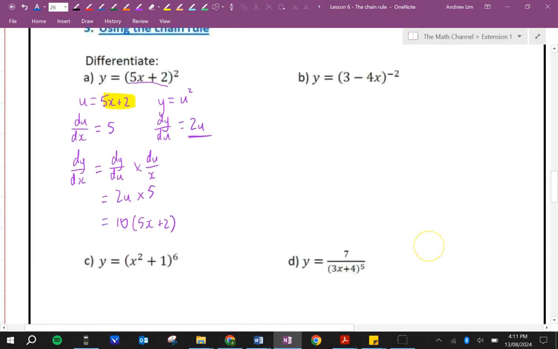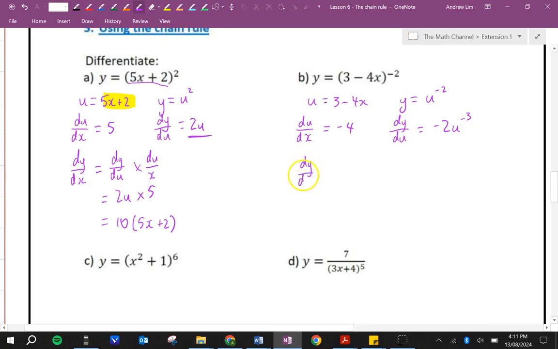So, question B. We can see here we've got u is equal to 3 minus 4x. We can see therefore y is equal to u to the power negative 2. So if I differentiate u with respect to x, I'll get negative 4. And if I differentiate y with respect to u, bring down the power, reduce the power by 1, and that's what I get.